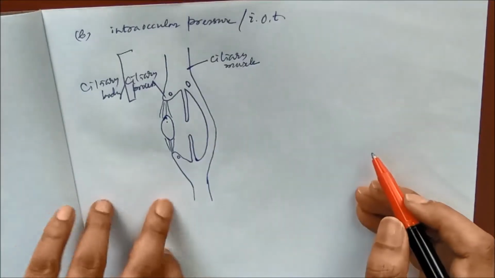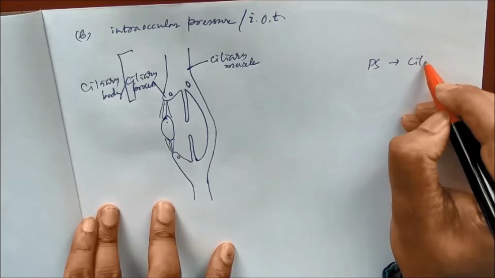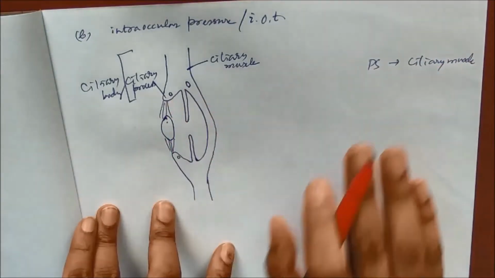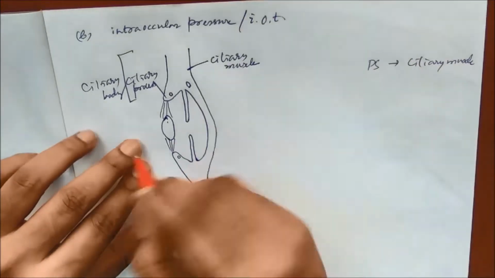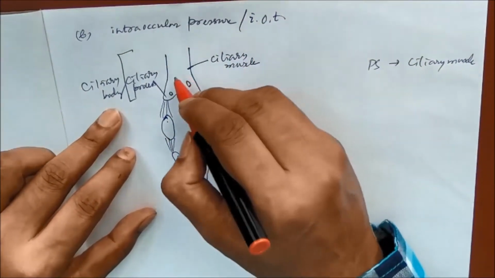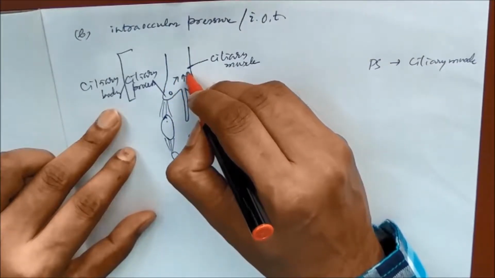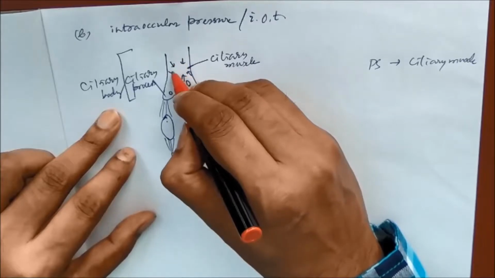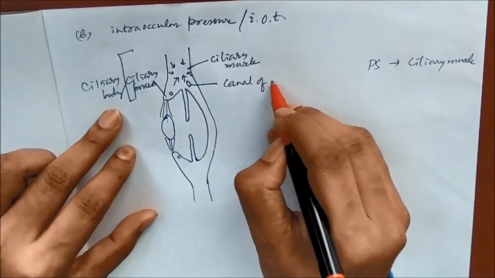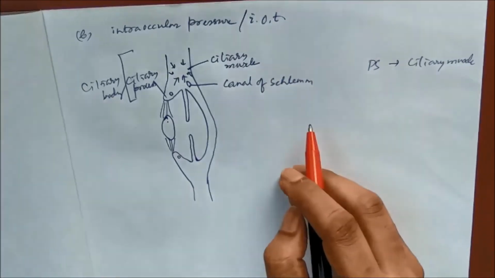The parasympathetic nervous system innervates the ciliary muscle, and there is no sympathetic innervation. Parasympathetic innervation causes ciliary muscle contraction, like this. This is called the canal of Schlemm. What is the function of the canal of Schlemm?